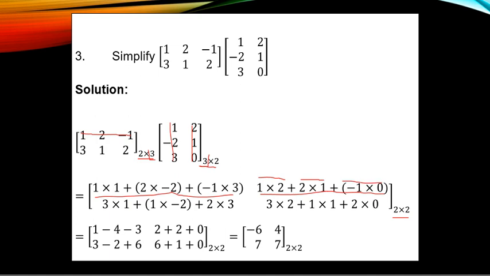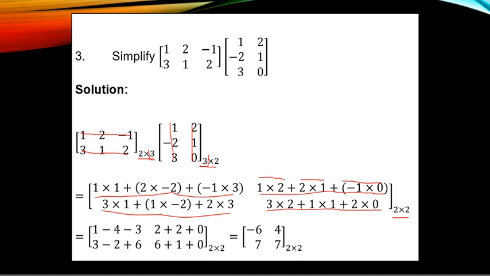You have this. When you are done, you take the second row to multiply the first column. You have this result, that is 3 times 1, 1 times minus 2, 2 times 3. You add, and the second row times the second column. You have this entry, that is 3 times 2, 1 times 1, 2 times 0.